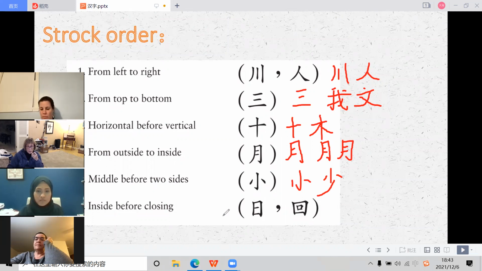And the sixth rule is outside before inside and closing. From left to right, and inside and close. Open and inside and close.